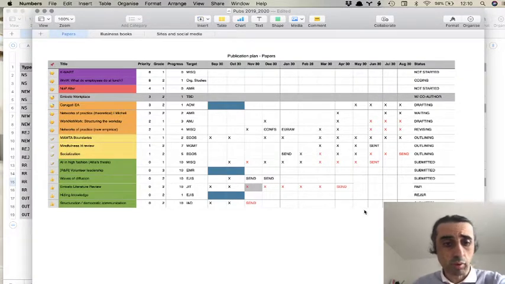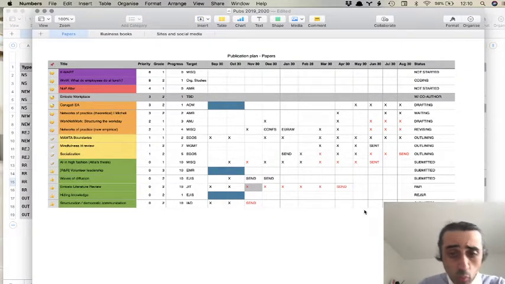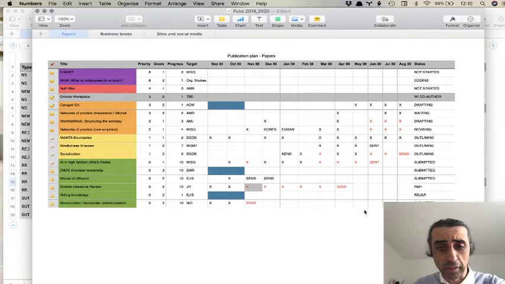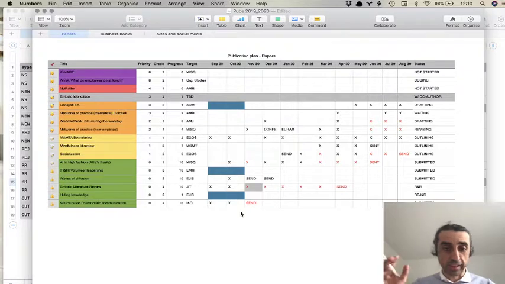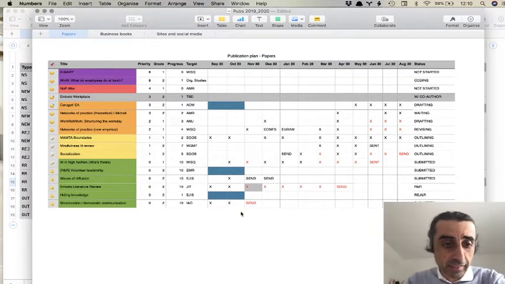This is also good for when you're meeting your head of department for your research evaluation, right? You can show, okay, this is what I've been doing this year. This is the level of journals that I've been prioritizing, and so this is the effort that you have put in.